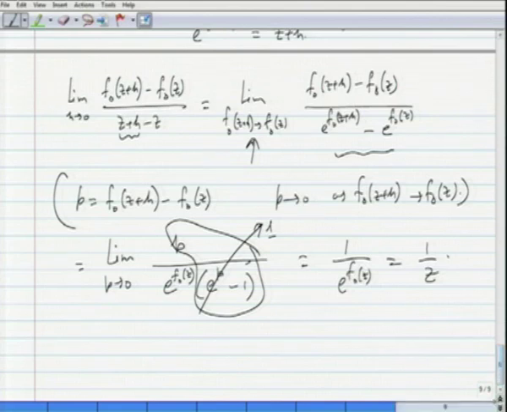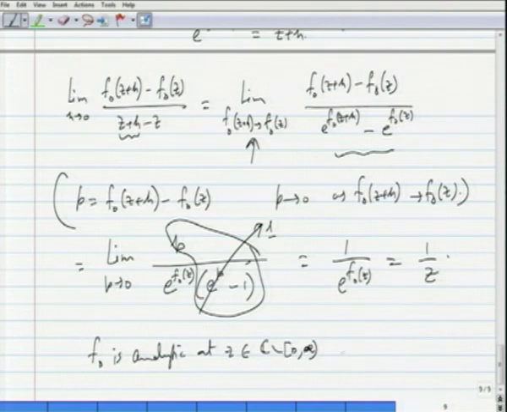So indeed f_0 is analytic at z belonging to C minus [0, infinity), and f_0 prime of z is equal to 1 by z. It matches up with the derivative of log x being 1 by x on the positive real axis, a fact we know from real analysis, the real logarithm.